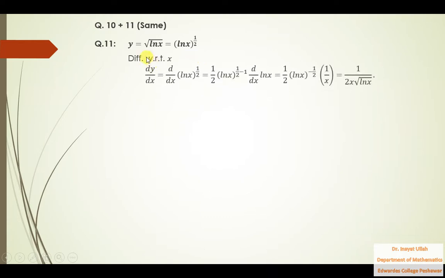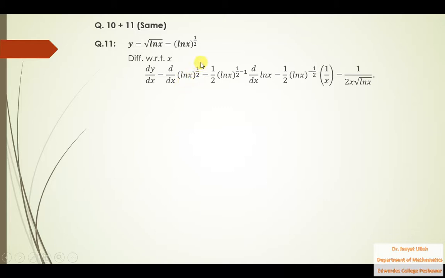In this slide, question number 10 and 11 are same. Question number 11 says: find the derivative of y is equal to square root of log of x. So square root of log of x can be written as log of x whole 1 by 2. So differentiating this function with respect to x, dy/dx is equal to d/dx of this function.